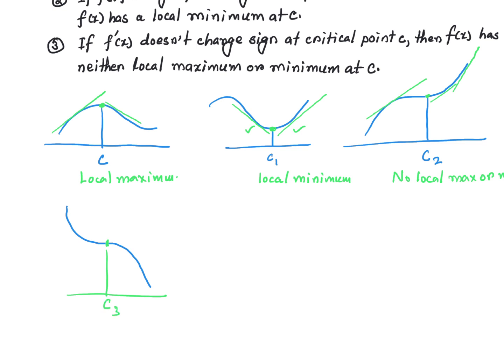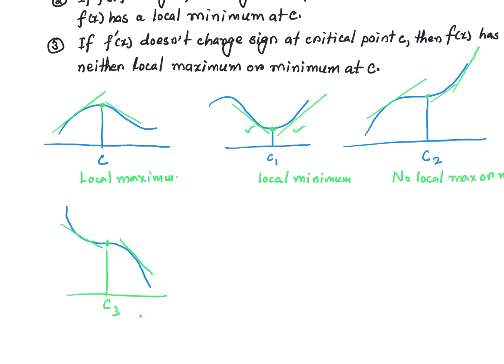To the left, the slope of the tangent line is negative, and to the right, also the slope of the tangent line is negative, making the derivative have the same negative sign on either side of C3.